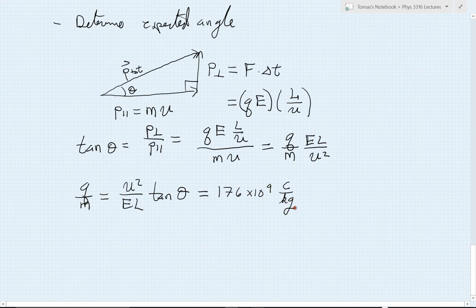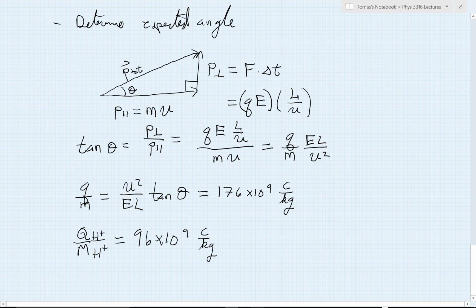You will notice that that is a much, much larger number than the charge to mass ratio of, for example, the lightest element, hydrogen, which is something that we can determine from electrochemistry experiments. So if you look at capital Q over capital M for the hydrogen ion that we can measure in electrochemistry, you may recall that that value was only 96 million coulombs per kilogram.